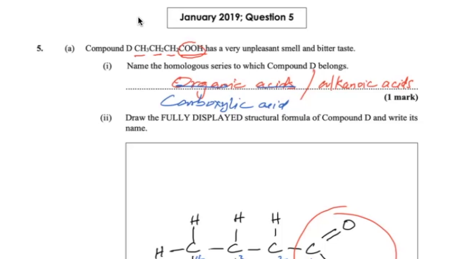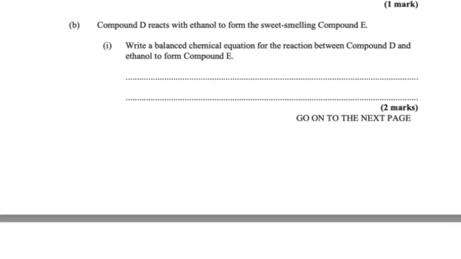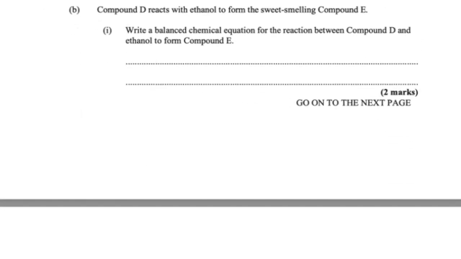Compound D, that's butanoic acid that we just named, reacts with ethanol to form the sweet-smelling compound E. They want a balanced chemical equation for the reaction between compound D and ethanol.